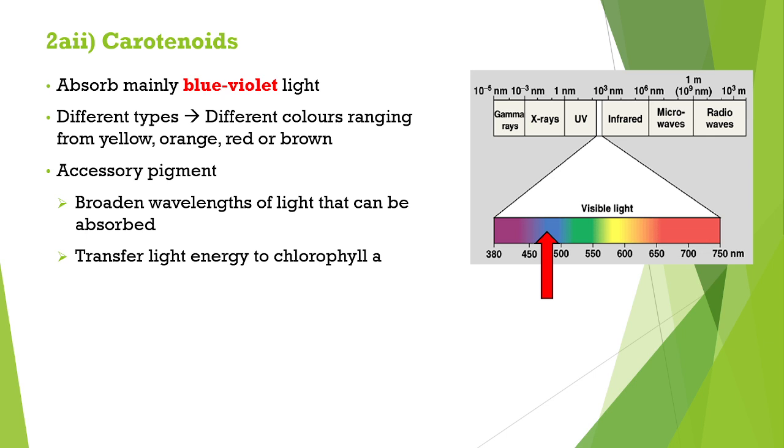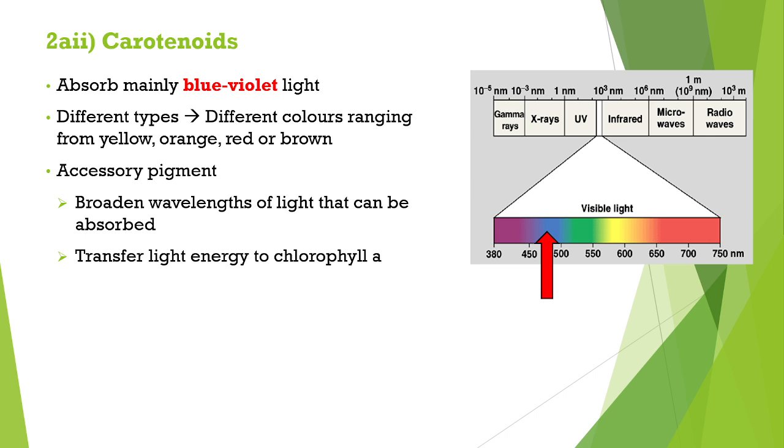Next, we have the carotenoids. There are many types of carotenoids, so therefore different types have different colors. Some yellow, some orange, red, or brown, and even other colors as well. But as a whole, most of them will absorb near the blue-violet region of the wavelength of light. They too serve as accessory pigments, so they don't convert the light energy into chemical energy by exciting electrons.